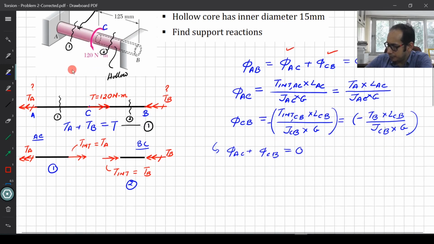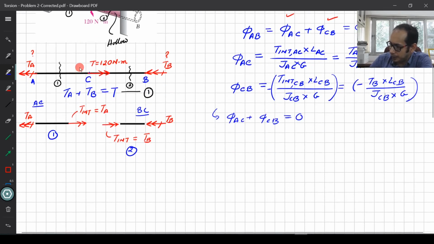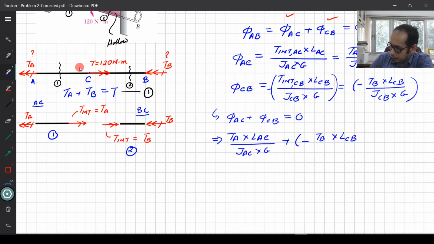That gives you the relationship that TA times LAC divided by JAC times G plus minus TB times LCB divided by JCB times G is equal to 0.